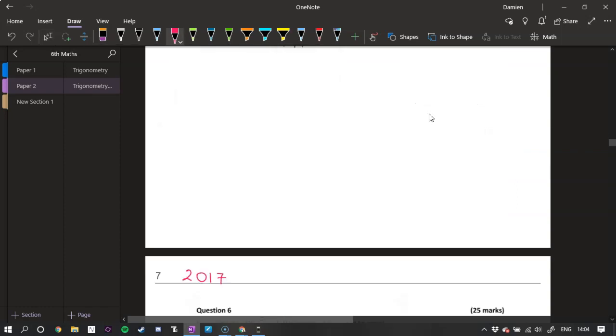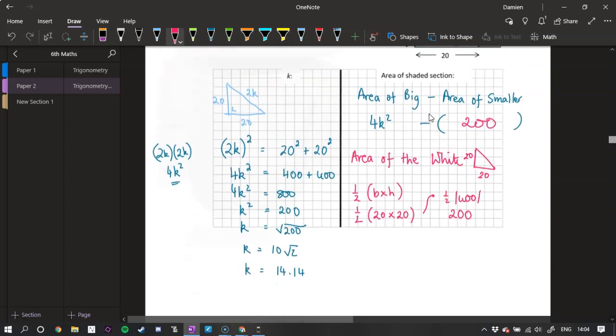Now, that doesn't give us an answer, because how do you take 4k squared minus 200? Well, we know from our question over here that k is equal to 14.14. So if k is 14.14, we can work out 4k squared minus 200.